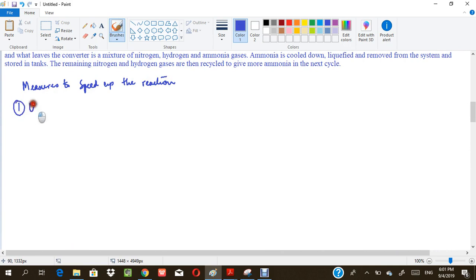Number one, use of the iron catalyst. Number two, use of 450 degrees Celsius temperature as a compromise temperature.